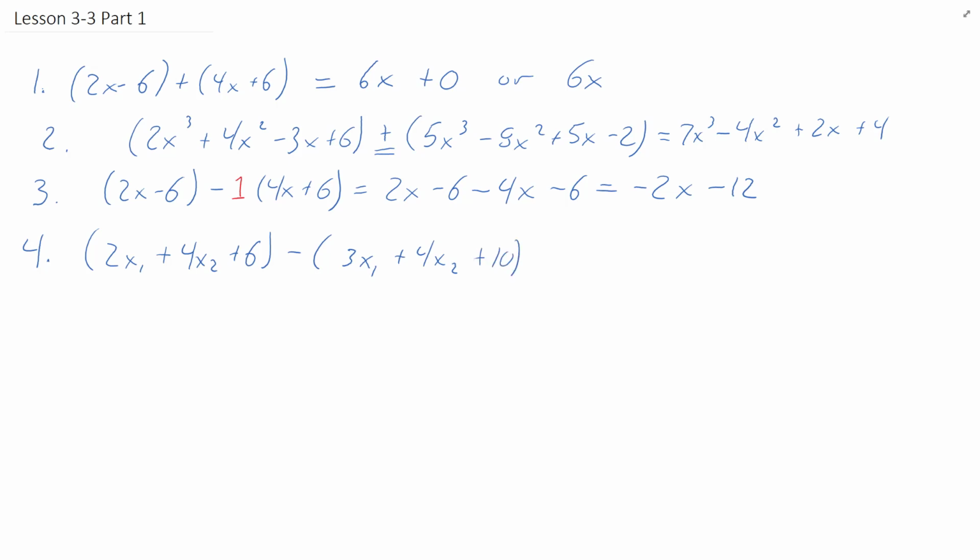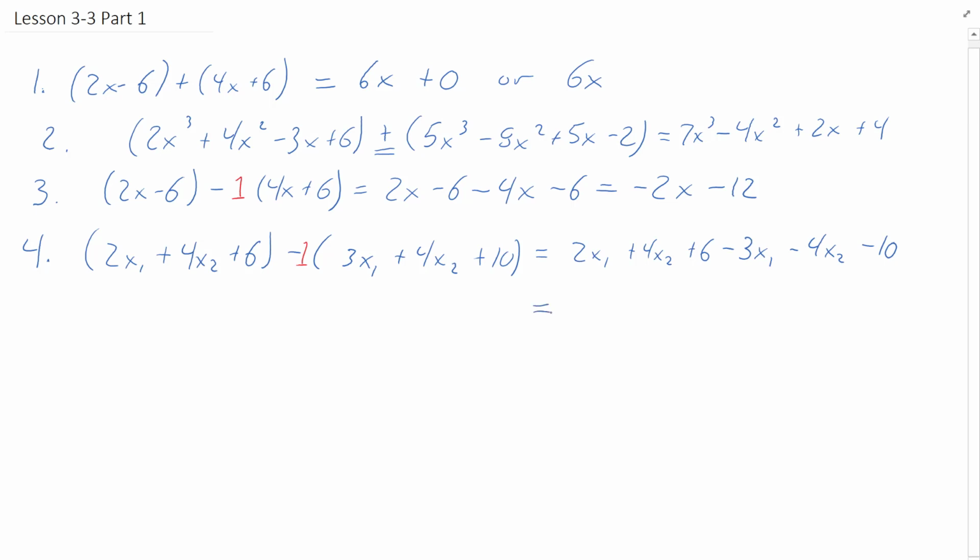So again, remembering that there's really a 1 in front of the second set of parentheses, telling us we need to do some distribution there. We're going to end up with 2x sub 1 plus 4x sub 2 plus 6 minus 3x sub 1 minus 4x sub 2 and minus 10. In other words, we're subtracting everything that's inside those parentheses.